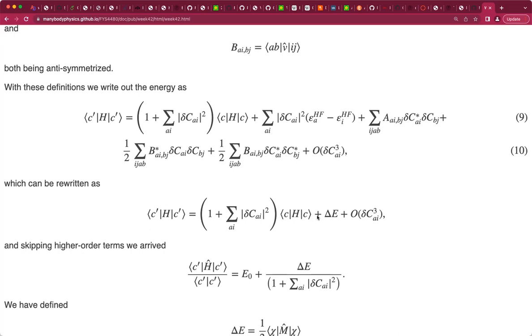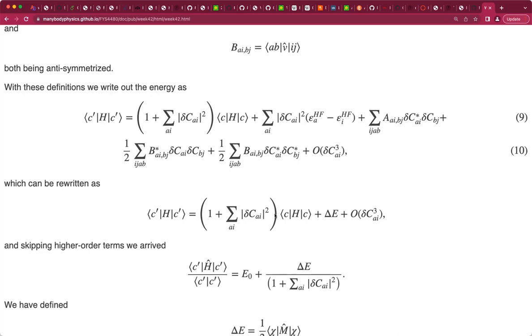This would now be your Hartree-Fock energy, if you are on a Hartree-Fock basis. And this delta E contains the remaining terms here. And here you have the one particle energies in the Hartree-Fock basis. So this will be your particle energy, and this is your hole energy. And this now defines this quantity delta E.